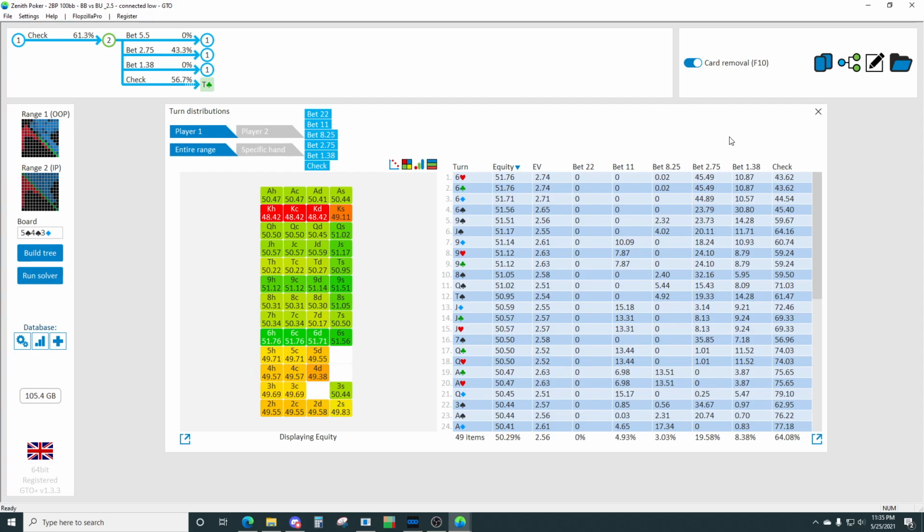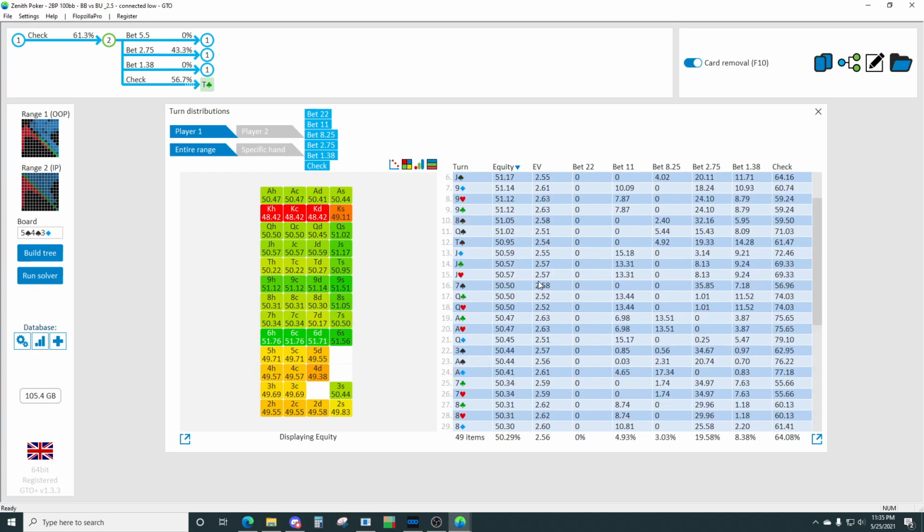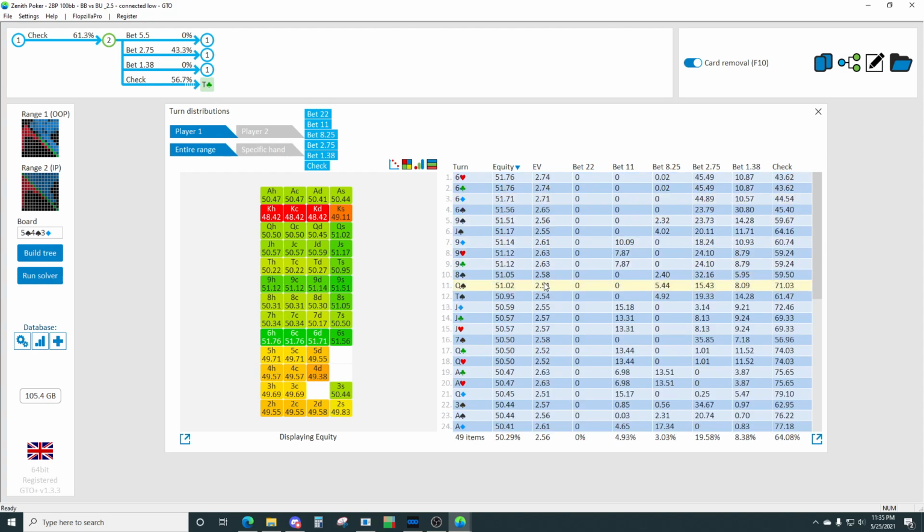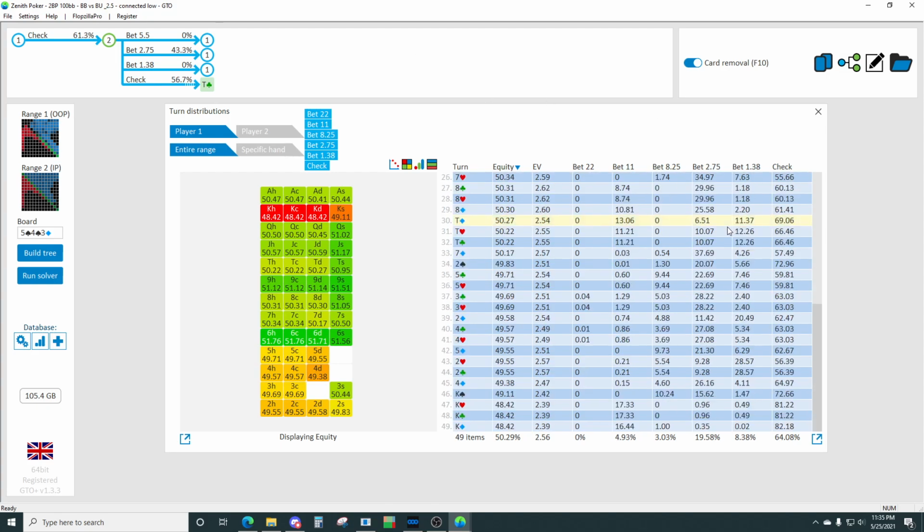You can see 4-liner turns are really good for out of position because they have more low cards. A spade is generally good for out of position, because in position is going to be betting more than checking with flush draws. Generally the case. And the worst turns for out of position are going to be kings.